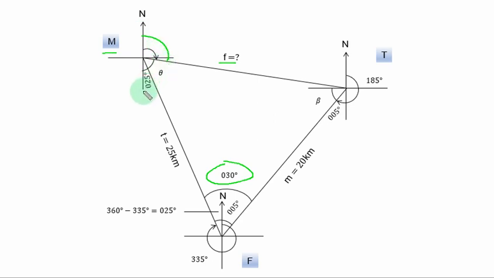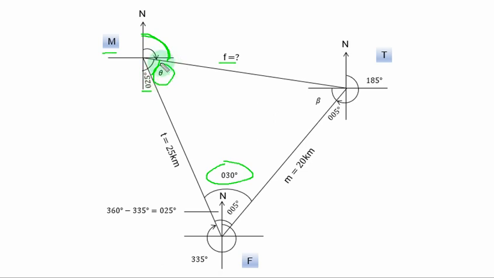If this place is 025 degrees and all of this side is 180, we need to get this angle, so that you subtract the sum of this angle and this angle from 180 for you to get the remaining angle. So let this angle be theta. You have to get it.